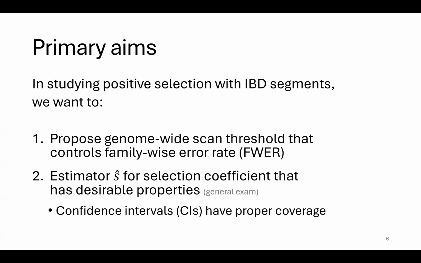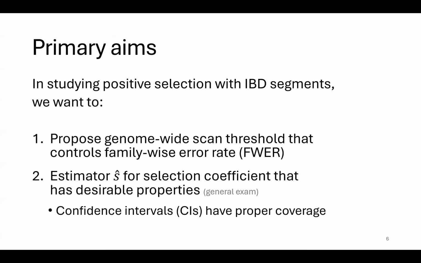The other case is that we will provide an estimator for the selection coefficient that will have desirable properties. And this was the main topic of the general exam. The selection coefficient is this parameter that defines the expected rate of allele frequency change in our model of rapid evolution.